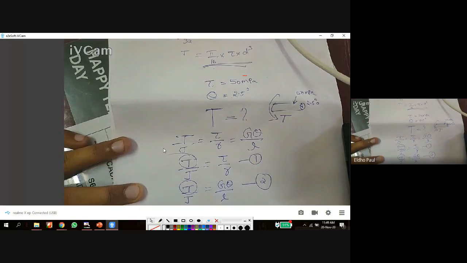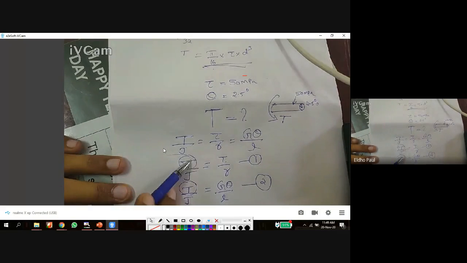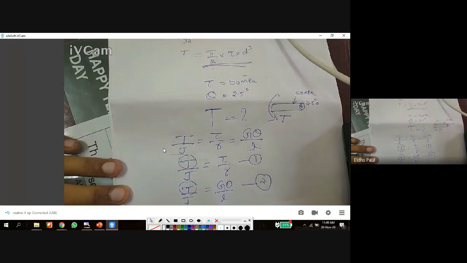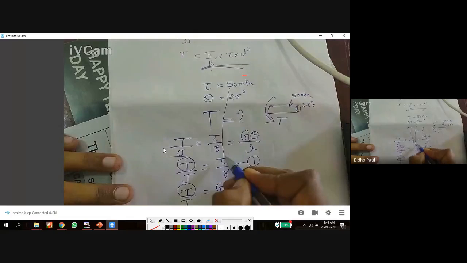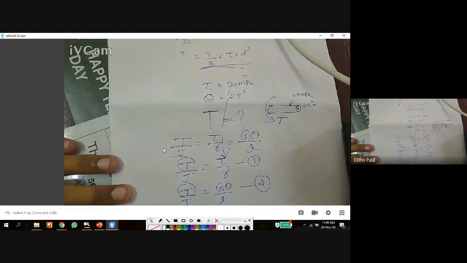So what we do? We calculate the T value for both cases. By substituting this tau equal to 50 megapascal, we calculate the T value.